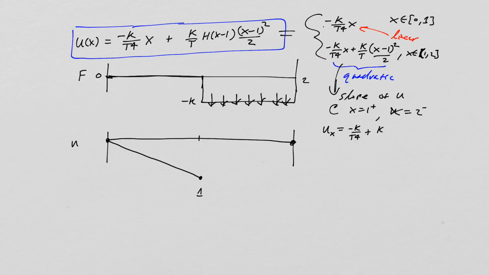We're going to say it's just k over t times x minus 1 to the first power. So that's what the slope is. So ux at 1 is going to be equal to negative k over t times 4.